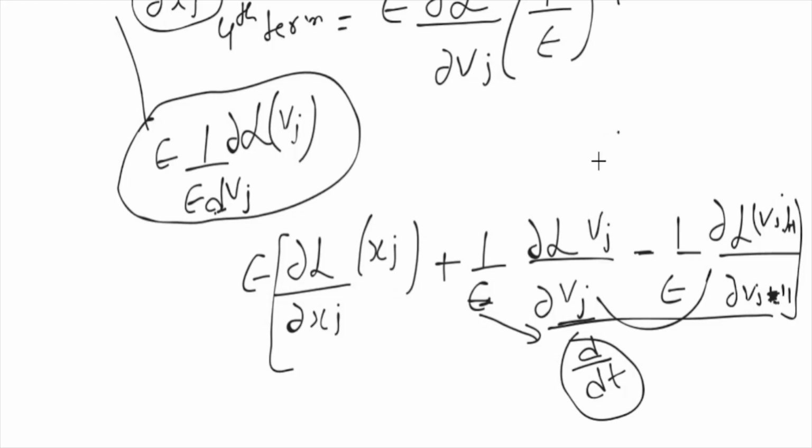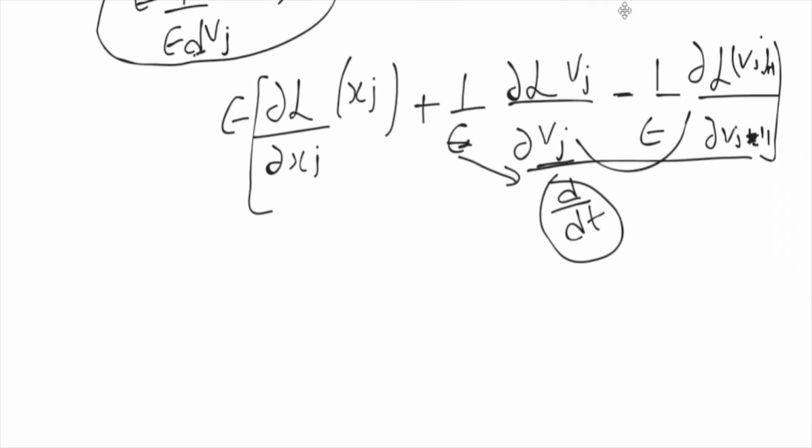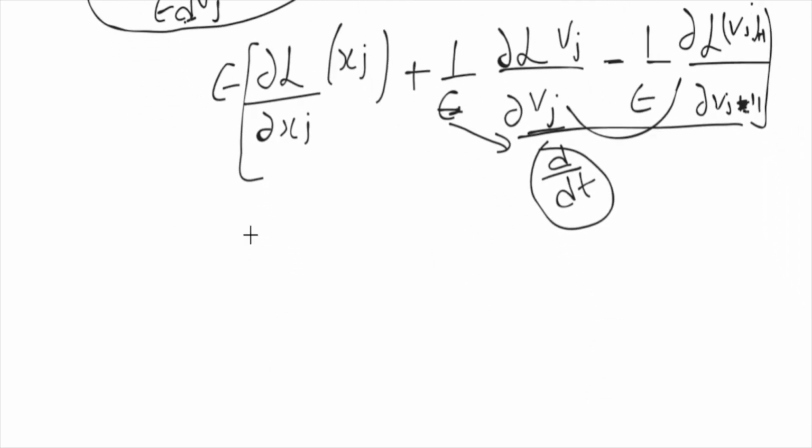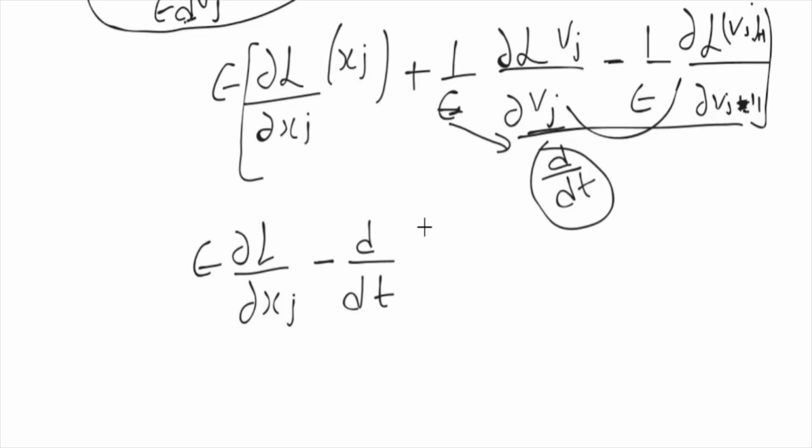So it means you can write these two terms as epsilon del L upon del xj minus d by dt of the derivative of Lagrangian with respect to Vj. Why? Because epsilon is very small and we can replace it.